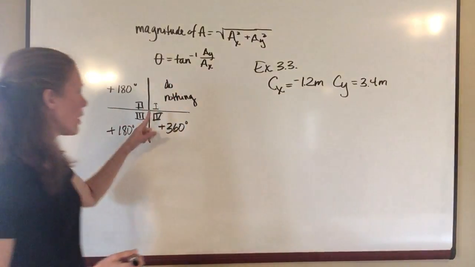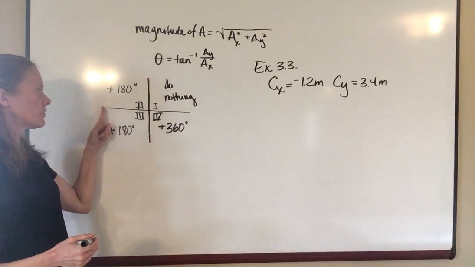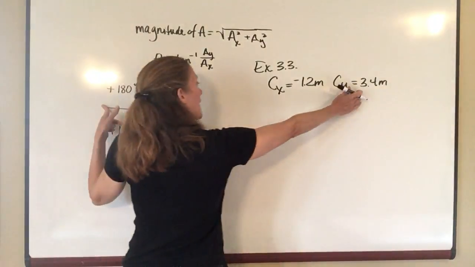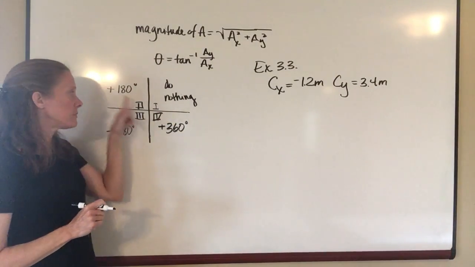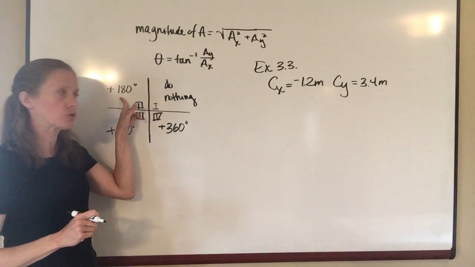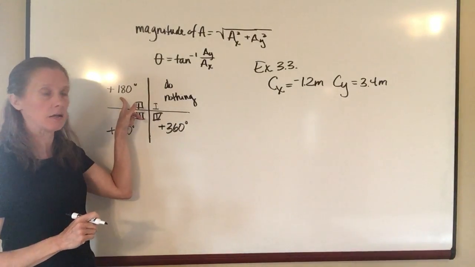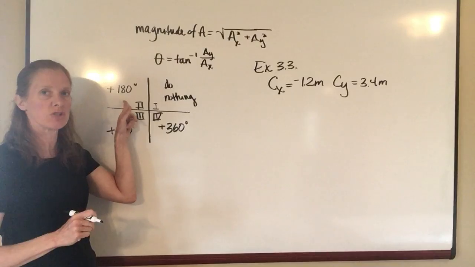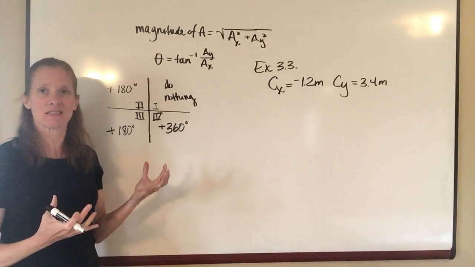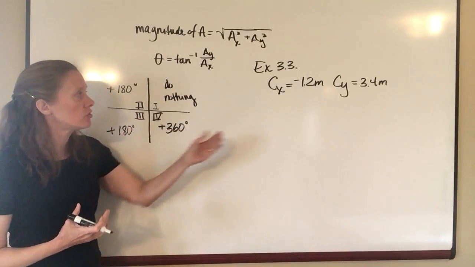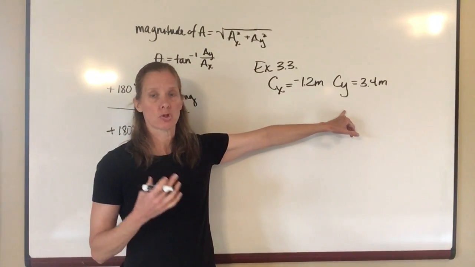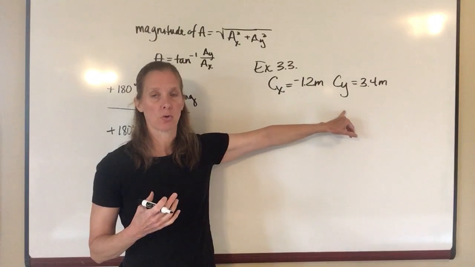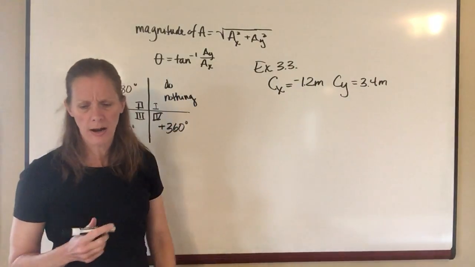Well, the x component is negative, so you're going to go this direction. The y component is positive, so you're going to go this direction. So that means that you're up in quadrant 2, and so whatever angle you calculate, you're going to have to add 180 degrees to it. So as you can see, this isn't something that is difficult. You just have to analyze from the x and y components which quadrant your vector is actually going to lie in.